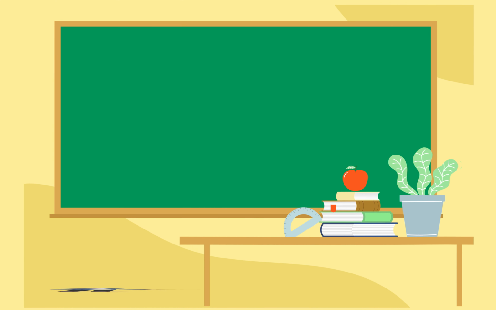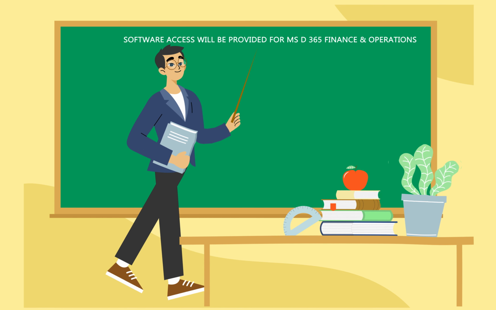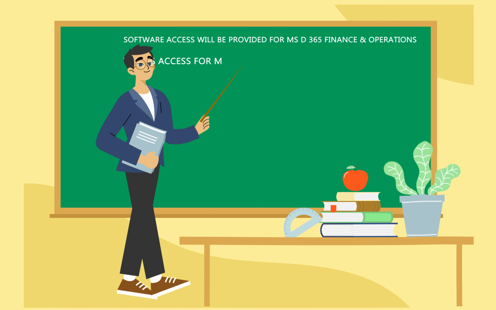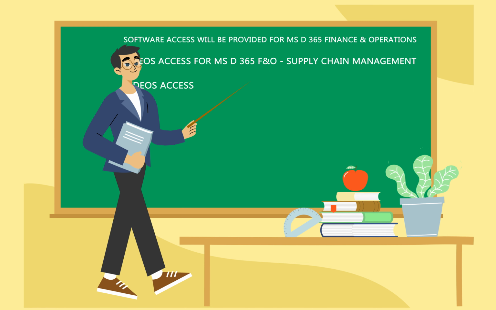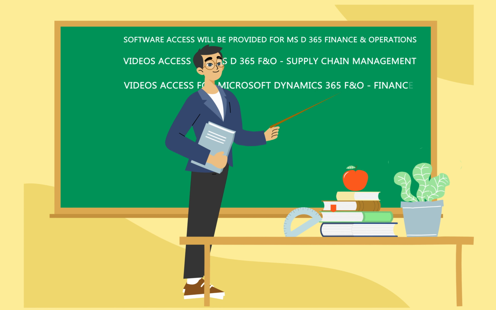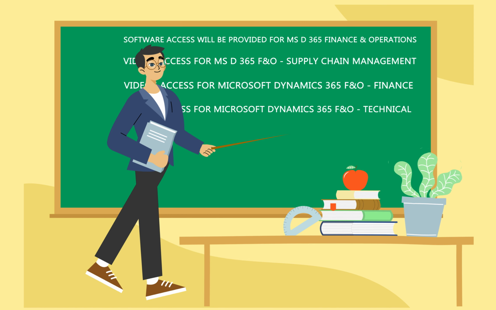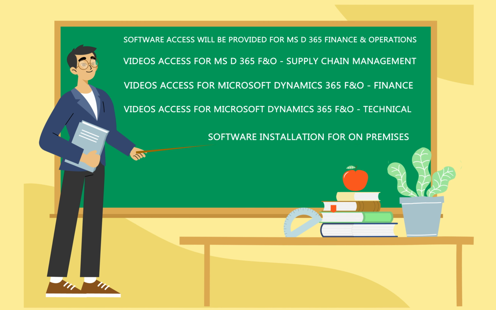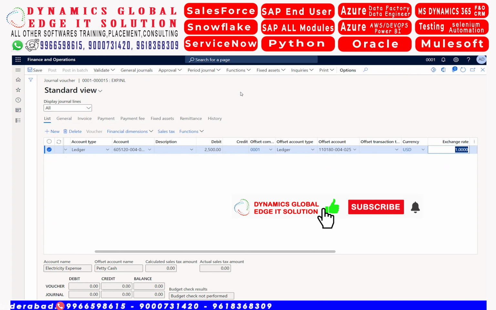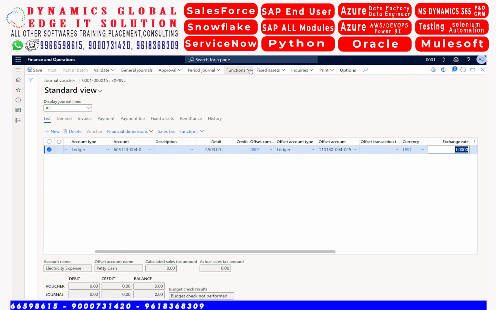So what I can do is save it as a voucher template, and whenever I have a similar main account and combination of financial dimensions, I can select it and quickly post it.